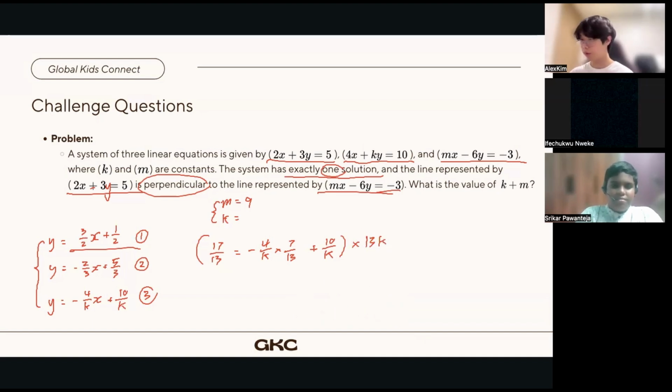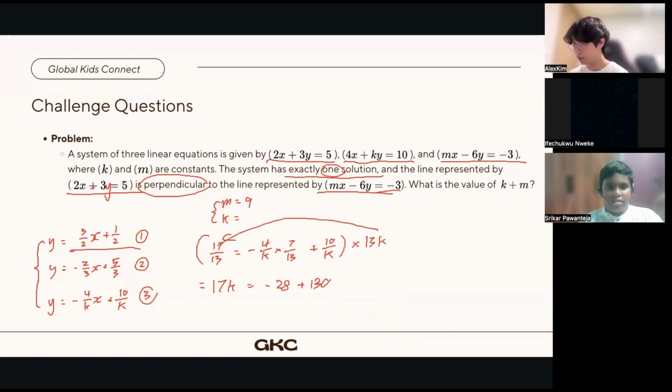If we multiply by 13k, this will give us 17k equals negative 28 plus 130. You can prove this by saying that if we multiply this first, then the 13s will cancel out, and we'll have 17 and k left, so we get 17k.